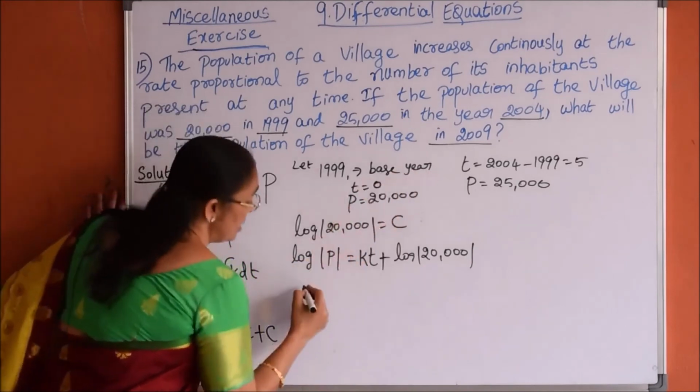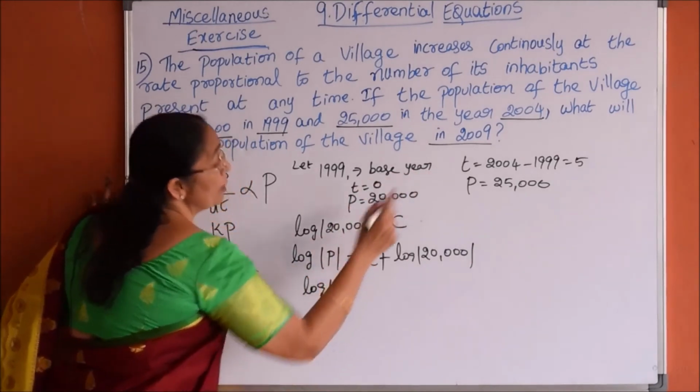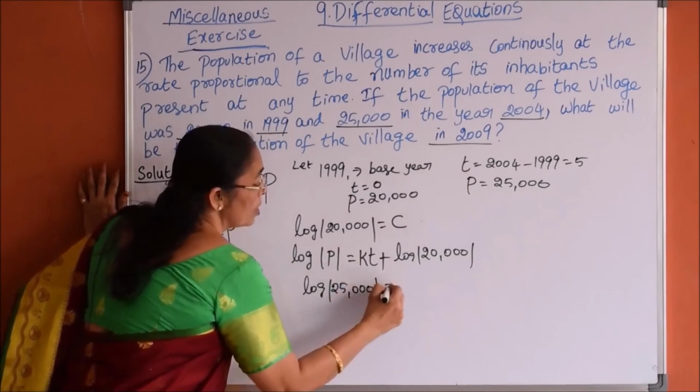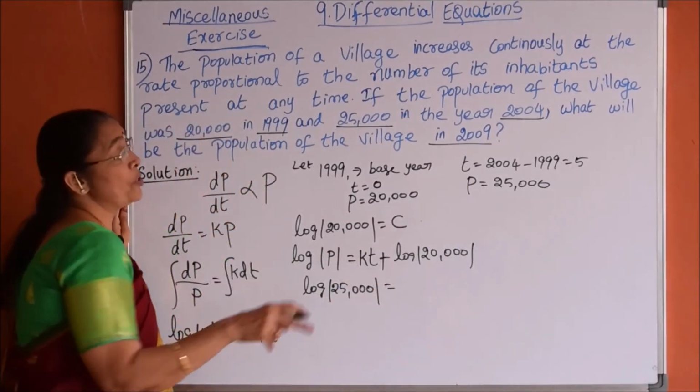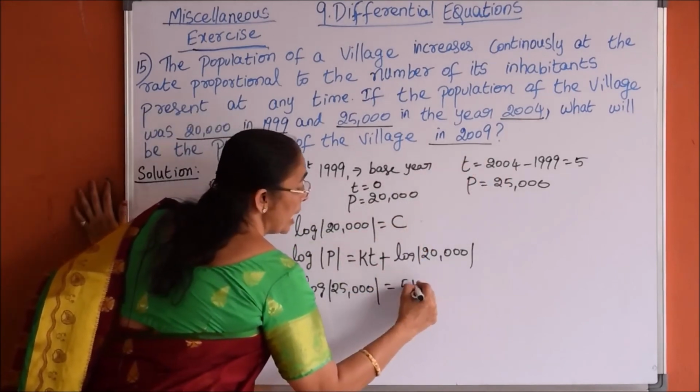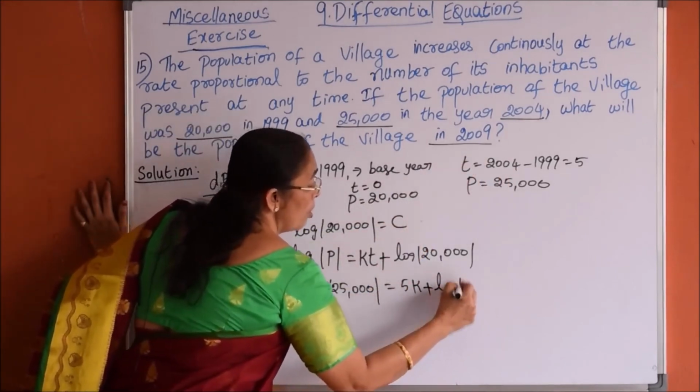According to this information, log mod P with P as 25,000 is equal to, when the population is 25,000, our time is 5 years, so 5k plus log mod 20,000.